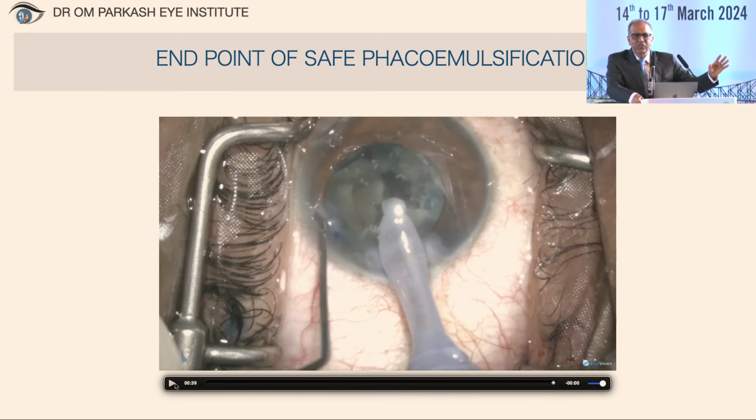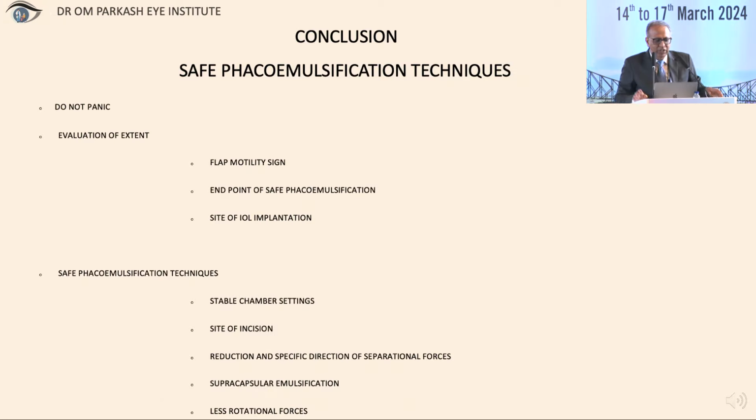So friends, what we need to know is, first, the flap motility sign, safe phacoemulsification techniques, and we should know the end point of safe phacoemulsification. So do not panic, evaluate for the flap motility sign. Would you continue with the next one? Yeah. And end point of safe phacoemulsification, site of IOL implantation is very important.